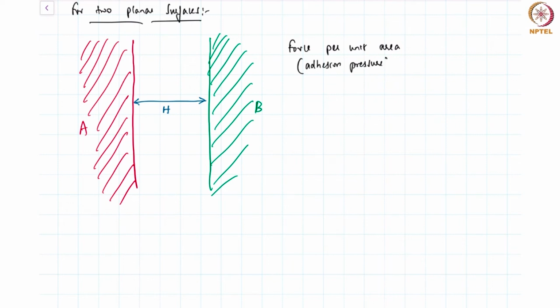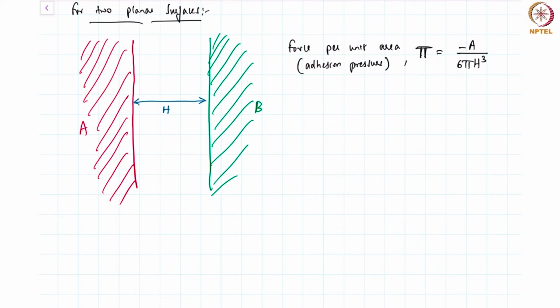Because it's a pressure, we'll call it P, or maybe pi, and this adhesion pressure will be minus A by 6 pi h cube. Notice that this is a pressure, so the units is basically force per unit area.